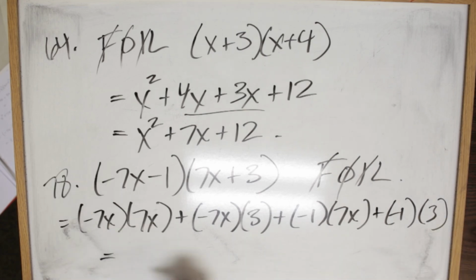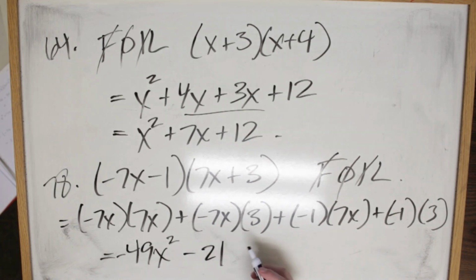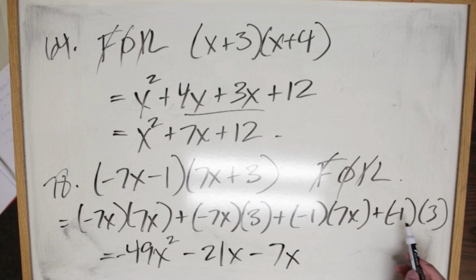Now I have minus 7 times 7, which is minus 49. X times x is x squared. Minus 7 times 3 is minus 21, and x comes along for the ride. Minus 1 times 7 is minus 7 times x. And then I have minus 1 times 3, which is minus 3. We're almost done.